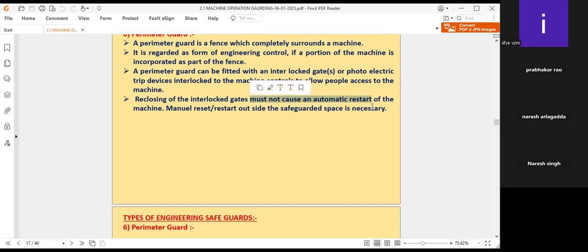Once you reclose and put the card, it will not start immediately, sir. It must not cause an automatic start of the machine. Manual reset or manual restart outside the safeguarded work space is necessary.